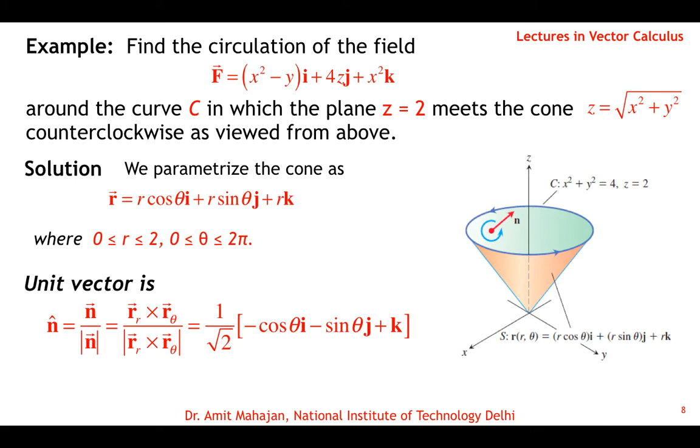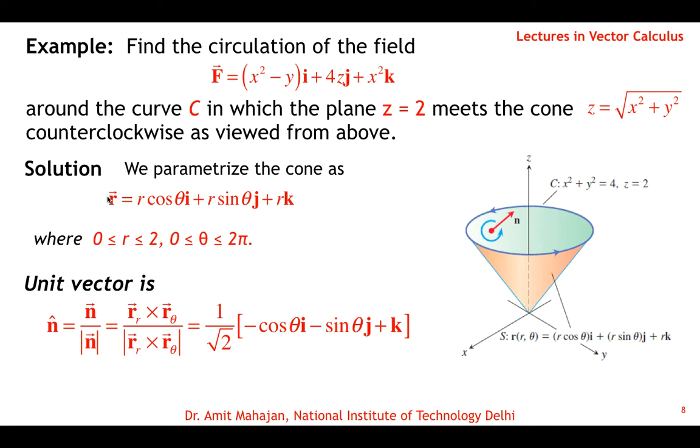From here we can calculate the unit normal vector in the counterclockwise direction seen from above. So the unit normal vector will be in the plus direction of z. We can calculate it from the position vector by calculating the r derivative with r, cross product with the r derivative with theta, divided by its magnitude.